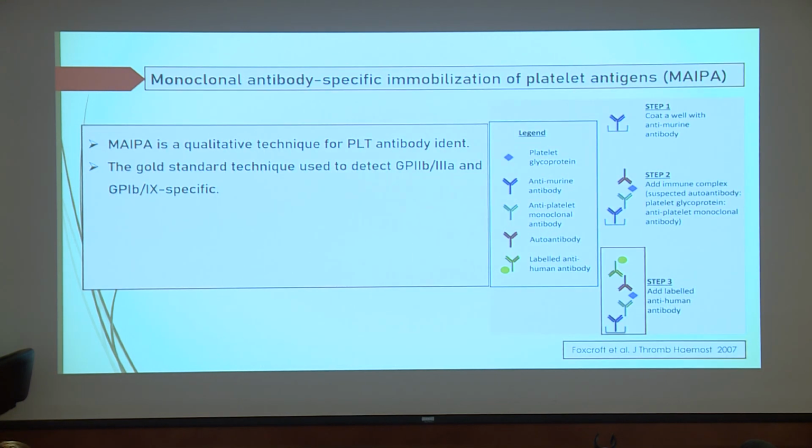This is why the monoclonal assay, or MAIPA assay, is the gold standard qualitative technique for platelet antibody identification. It can be done like that with in vivo and in vitro antibody, direct or indirect, to also detect alloimmune thrombocytopenia, like neonatal alloimmune thrombocytopenia.